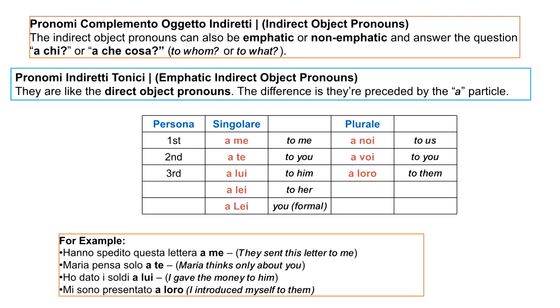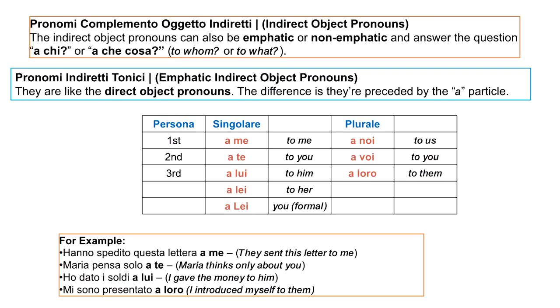Alrighty. Now, the next is the pronomi complemento oggetto indiretti. These are indirect. Okay? The direct, I explained the direct. Now I'm going to explain and show you the indirect object pronouns.